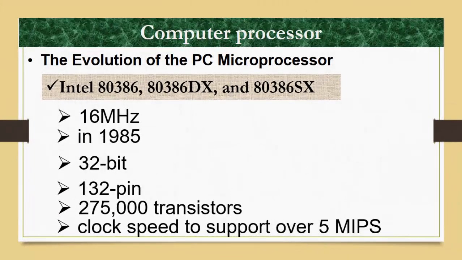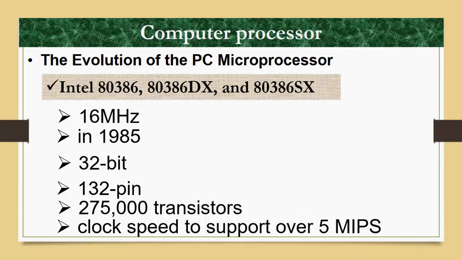Two features provided by the 386 were improved virtual memory capabilities, which allowed a large amount of memory to be temporarily stored on the hard disk, and instruction pipelining, in which a processor preloads and pre-evaluates complex instructions, which results in faster processing speed.